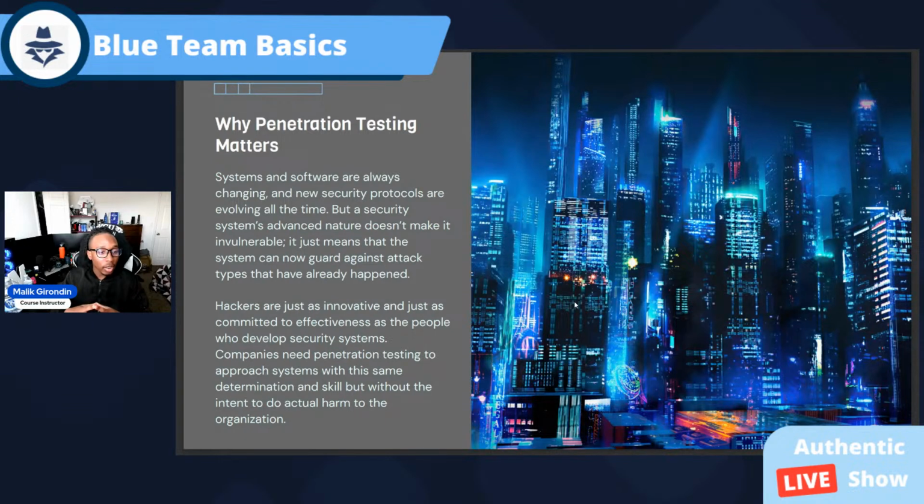It just means that the system can now guard against attack types that have already happened. Hackers are just as innovative and just as committed to effectiveness as the people who develop security systems. Companies need penetration testing to approach systems with the same determination and skills, but without the intent to do actual harm to the organization. That's why it matters.